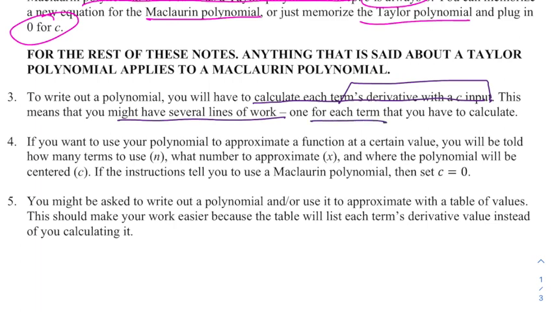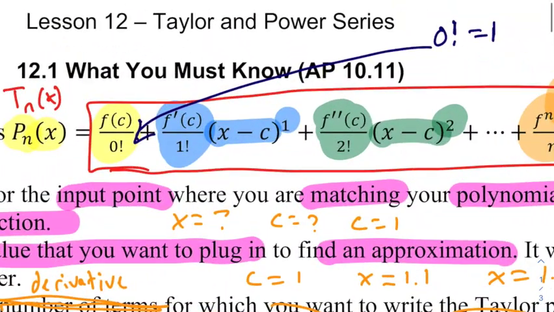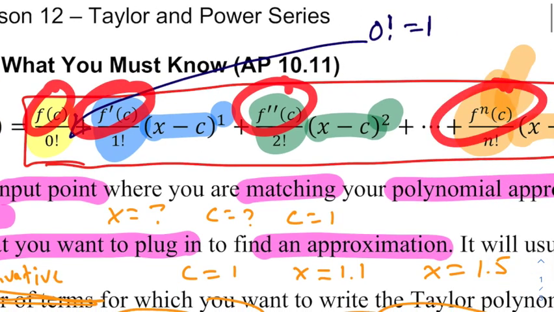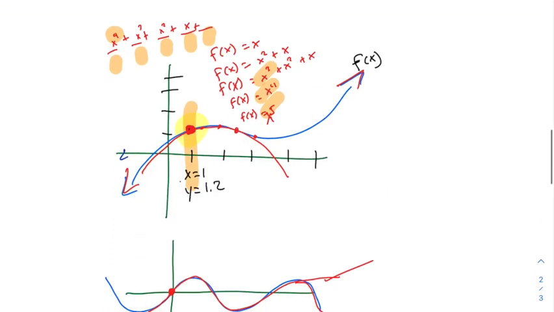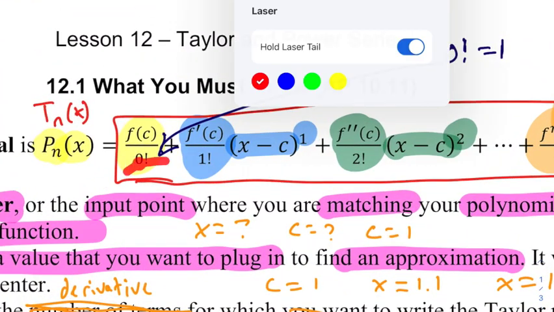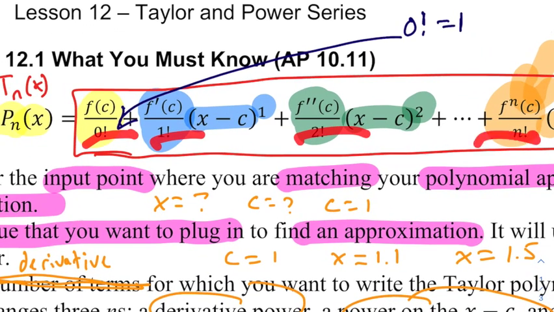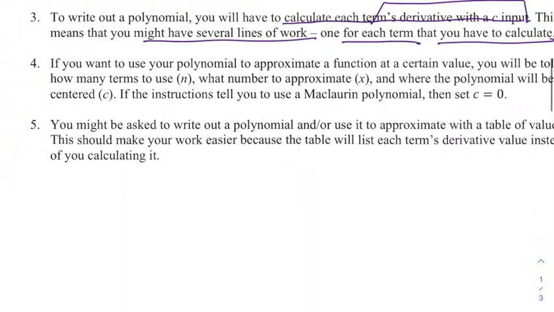Sometimes you're given a function, you have to figure out the derivative for each term, and then you have to calculate c for that derivative, and then that ends up going into all of these f of c's, right? f of c, f prime of c, second derivative at c, third, fourth, fifth, however many derivatives they ask you to find. Every single term is going to have a new derivative at c until you reach the term it tells you to stop at. So that can be a little bit of work, okay?